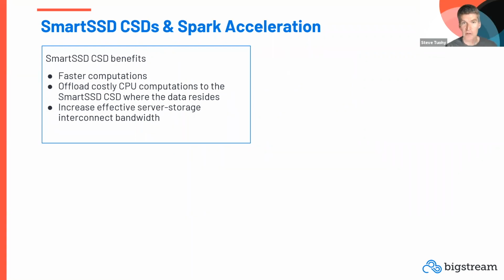The SmartSSD is one of the hardware implementations of acceleration. So all the hardware accelerators will examine the physical plan and go through task by task, operation by operation. Bigstream will examine that and determine which of these will benefit from a software acceleration or whatever hardware acceleration is available in your cluster.